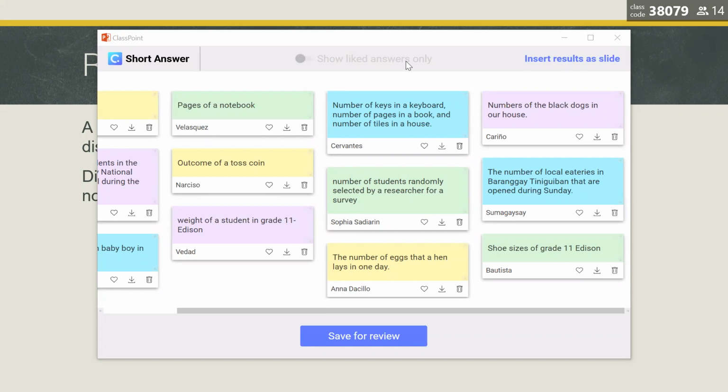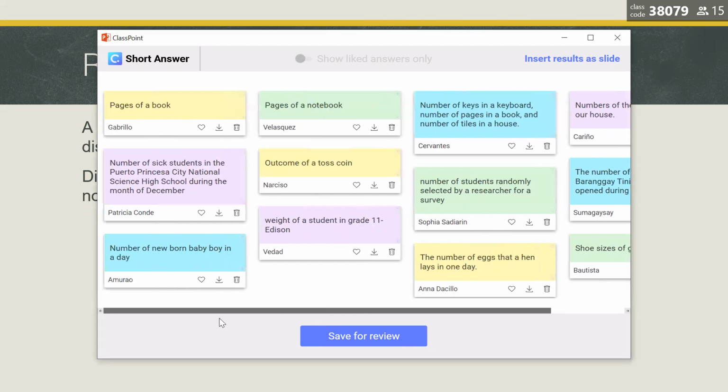Pero kasi depende sa laki ng potato chips, 'di ba? So, pages of a book, that can be kasi when we get a book randomly in the library, iba-iba na number of pages of book.